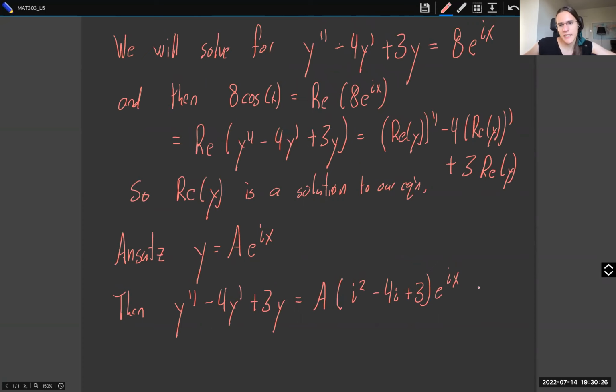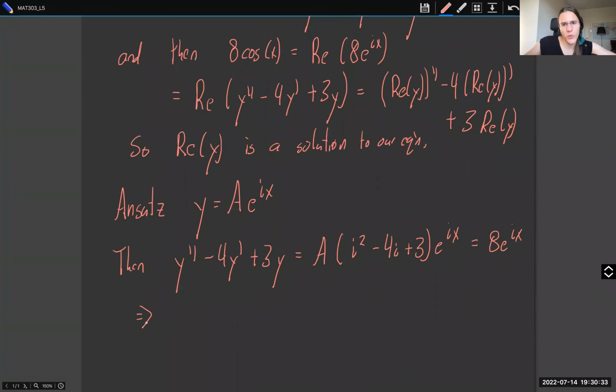And we want that to equal 8 e to the ix. So as a result, we get that a is equal to 8 divided by, so i squared is -1, so we get 2 minus 4i, which is 4 over 1 minus 2i.